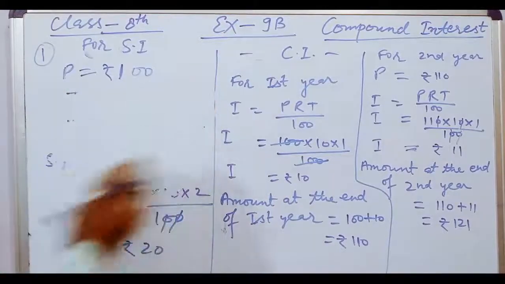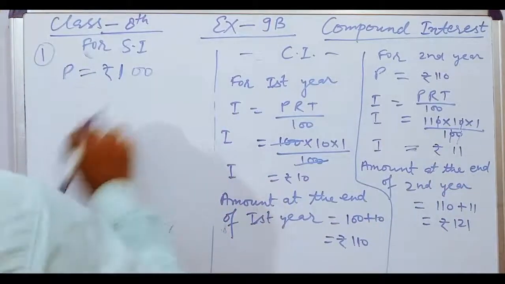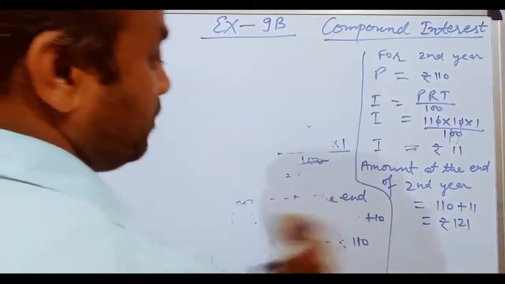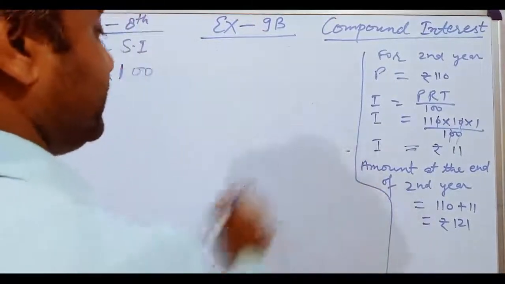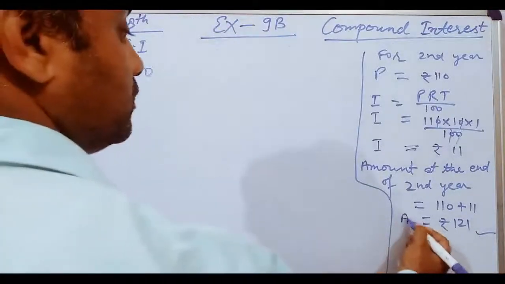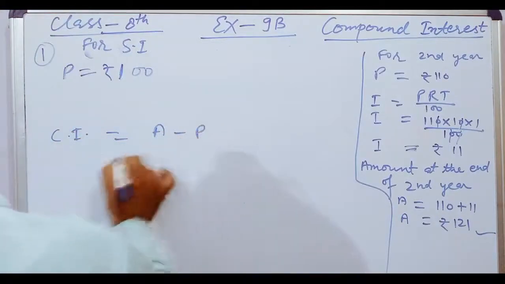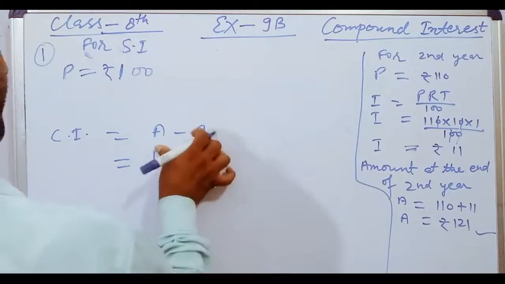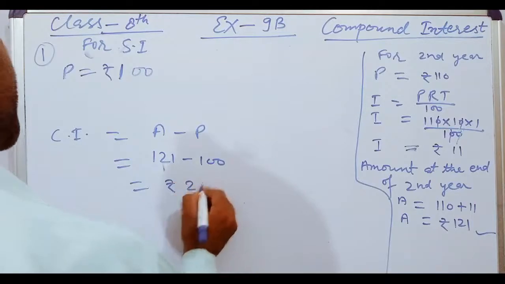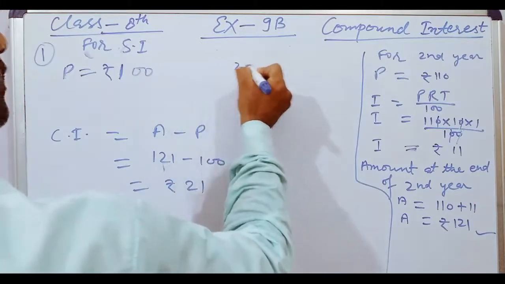This is the amount at the end of 2 years. Now compound interest equals amount minus principal: 121 minus 100, it is rupees 21. This is compound interest, and for simple interest we got 20.